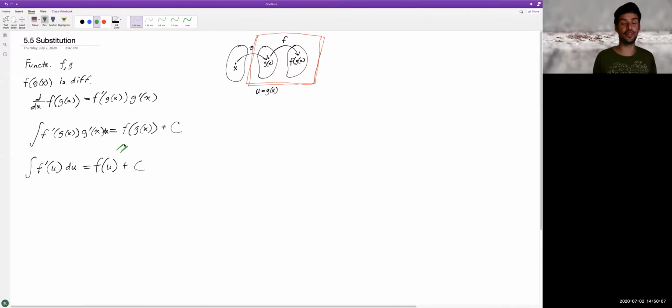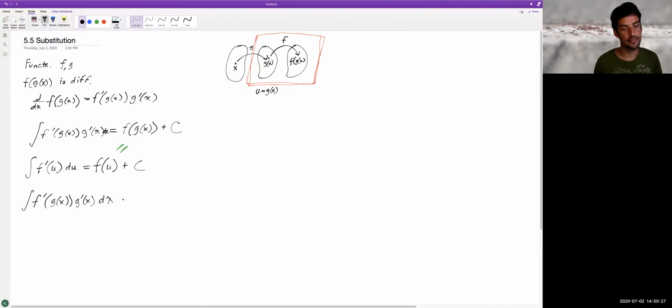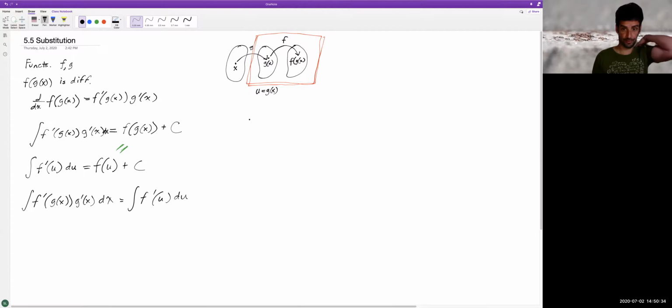Well, if the right-hand sides of these two equations are equal, then it must be the case that the left-hand sides are equivalent. In other words, f prime of g of x, g prime of x dx is equal to f prime of u du under these conditions, where u is equal to g of x. Okay, this is the substitution rule.